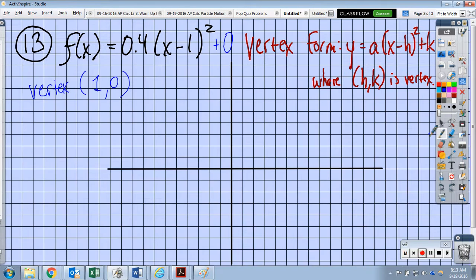Very good. Okay, so we already have that. So x equals 1. Go ahead and plot that now. And our vertex is 1, 0. Now it better be in line with the axis, otherwise I made a mistake. So 1, 0.